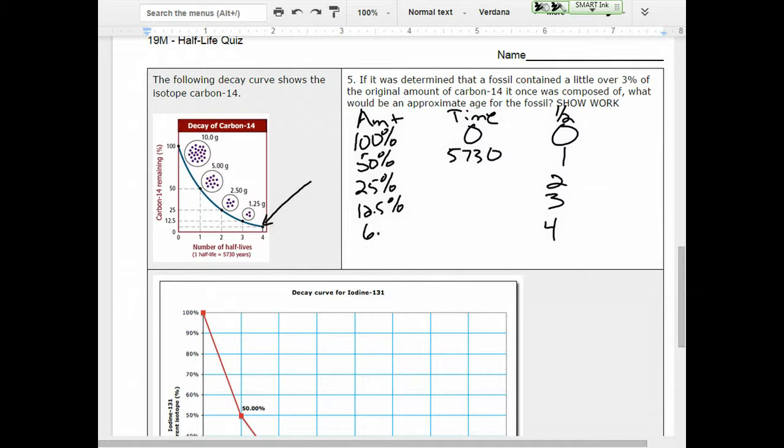But 4 half-lives would only be 6.25%. We need to go down to 3.125, which is 5 half-lives. So if you did 5,730 times 5, that's 28,650 years.